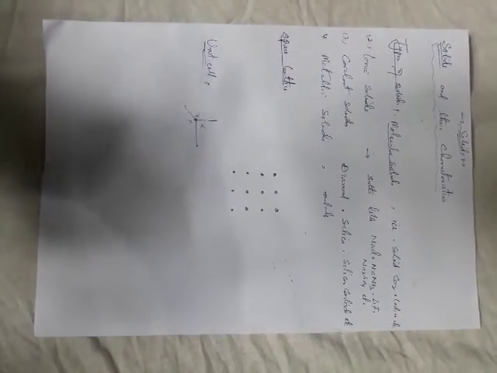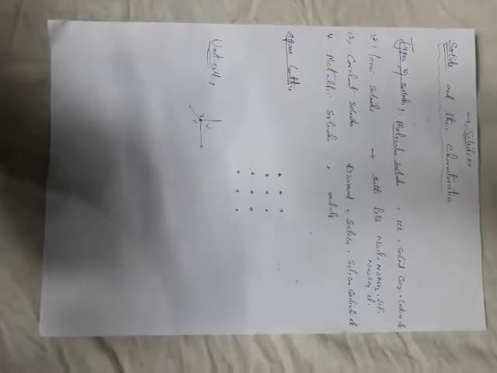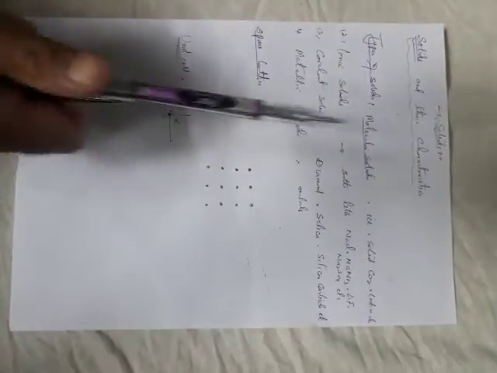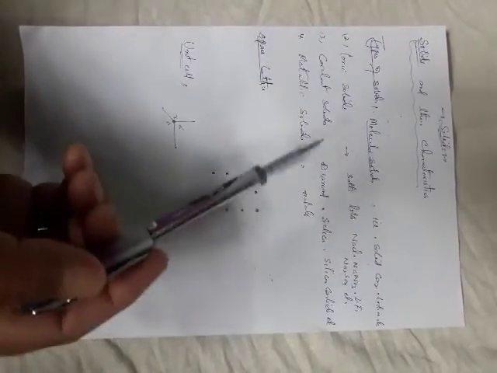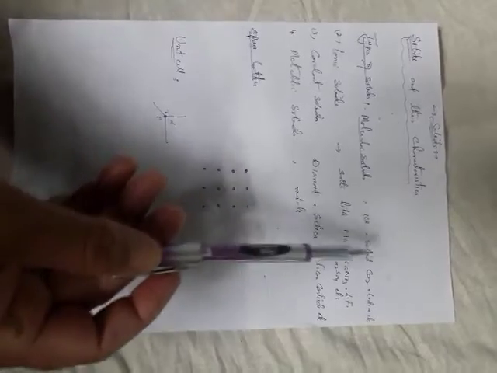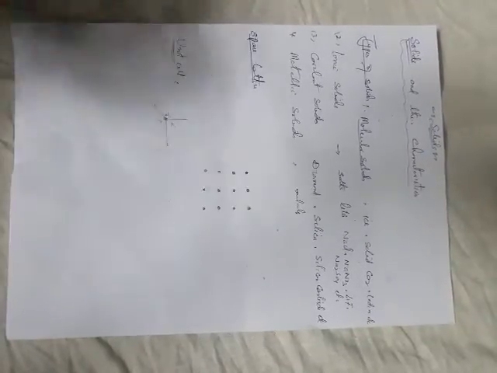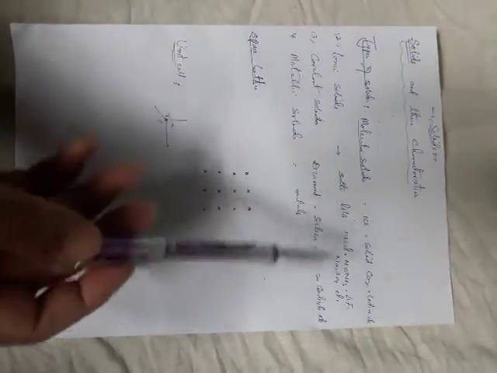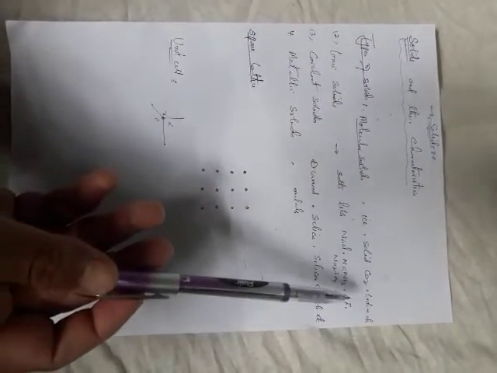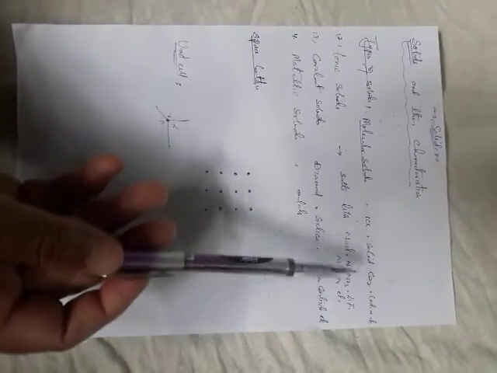We have molecular solids. In molecular solids, the constituent particles are molecules, and these molecules are held together by weak van der Waals forces. Among the molecular solids, common examples are ice, solid carbon dioxide, and iodine. So these are molecular solids.